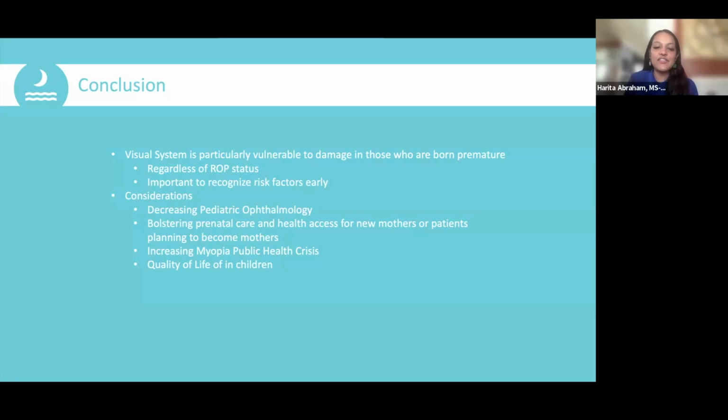And then just a final note on quality of life in children. There are enough studies to show that when a child can't see, that's huge for them. It's huge for all of us. My personal take: if someone walked up to me and said, out of all of your 5 senses, you can only pick one and you have to give up the rest, I would always pick my eyesight, because at least I can see what's going on.